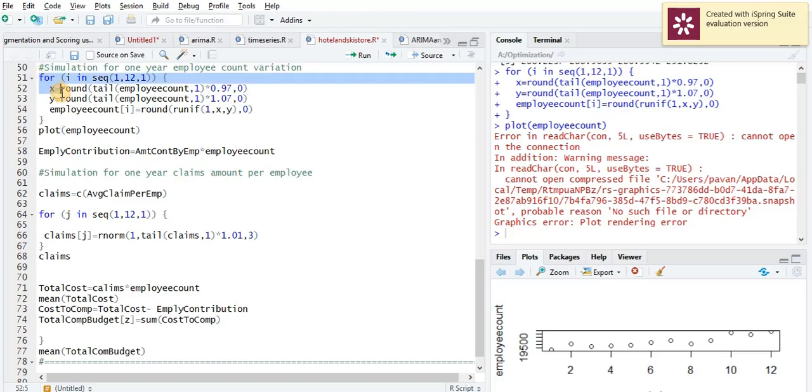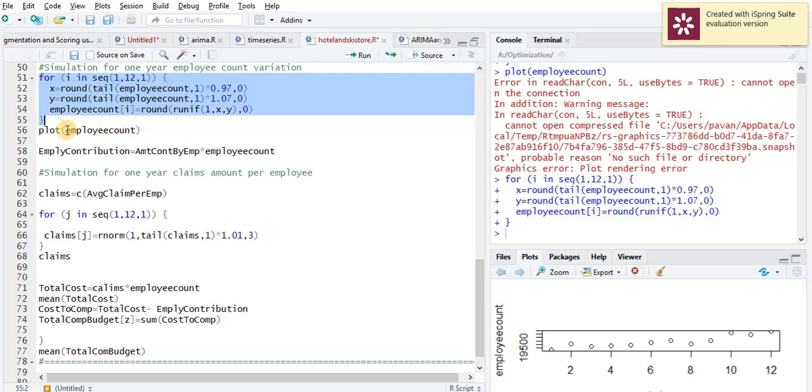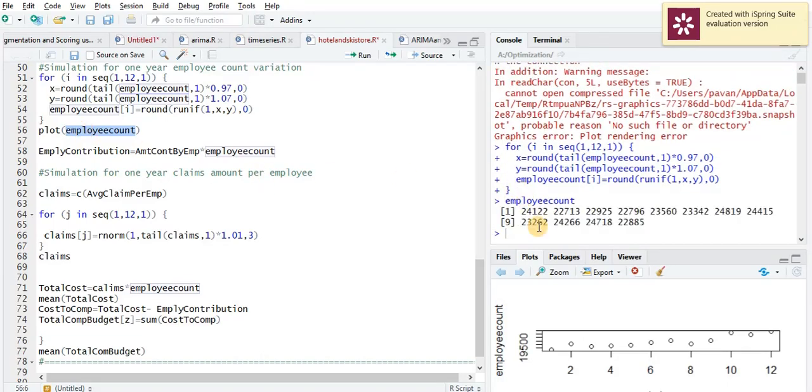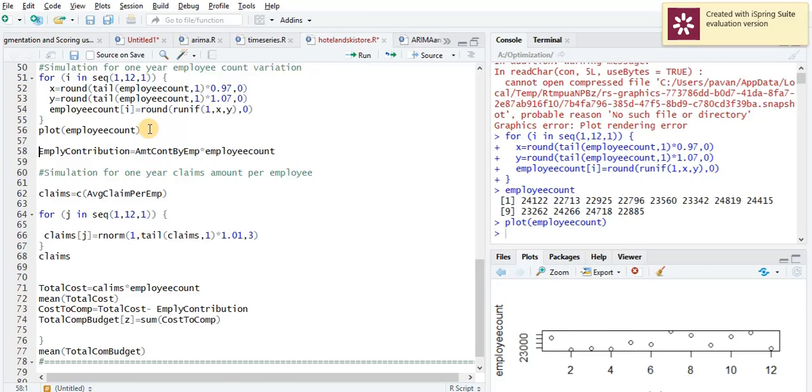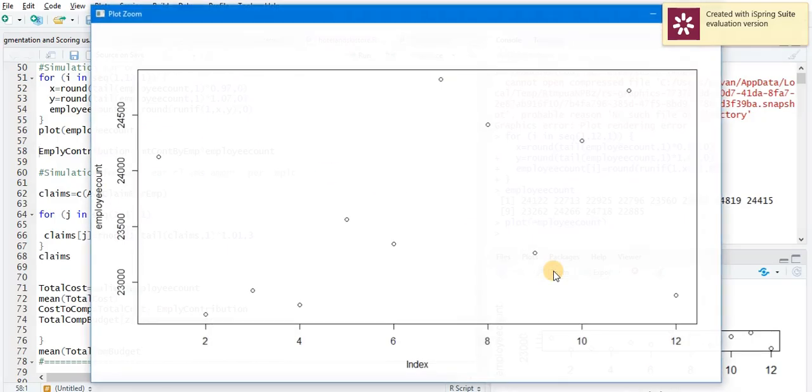Now if we generate this for 12 months, we can see how the employee count varies across the one-year duration following a uniform distribution. If we plot this, we will see the following graph. This is how the number of employees varies across 12 months.